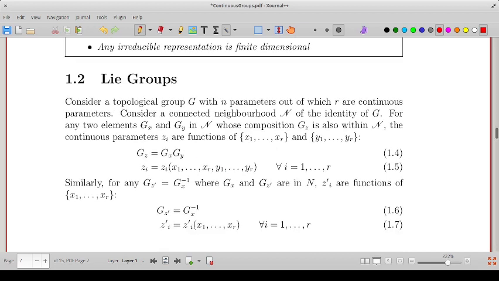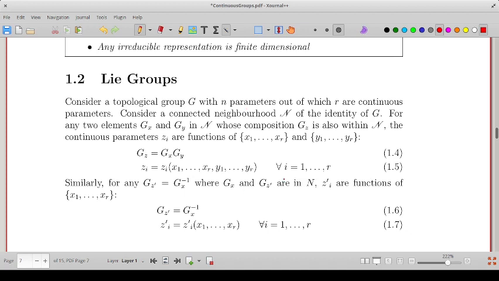We now consider what are called Lie groups. Consider a topological group G with n parameters, out of which r are continuous parameters. As we have already discussed, the parameter space will be a collection of disjoint sets, disjoint pieces. And one of those disjoint pieces will contain the identity of the group.